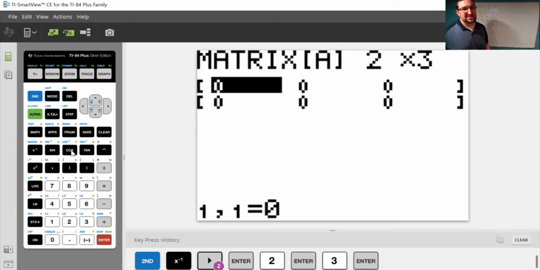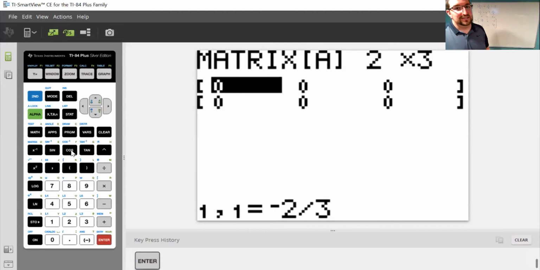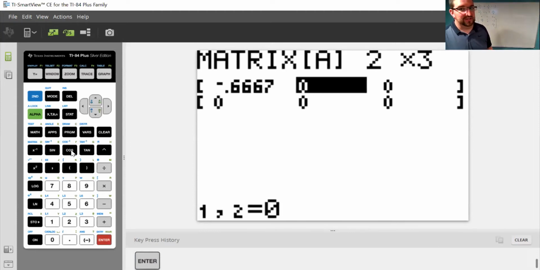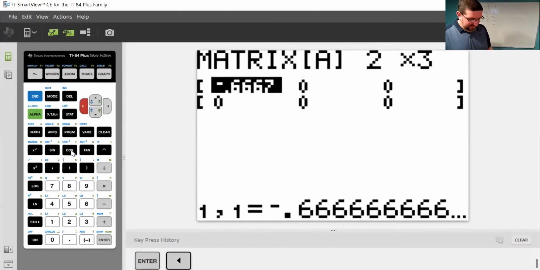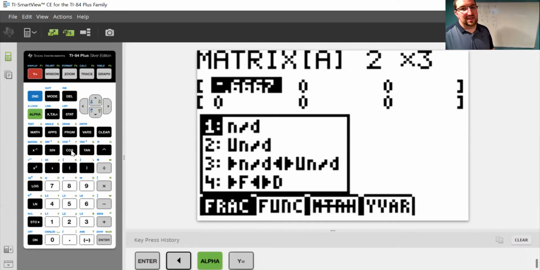Now we have fractions. That could be a little bit challenging to enter a fraction into a calculator. You could just use division. So I could use -2 divided by 3 to enter in that, and it would convert it into a decimal. Another thing that I can do is hit alpha y equals, and that would bring me into a fraction menu.